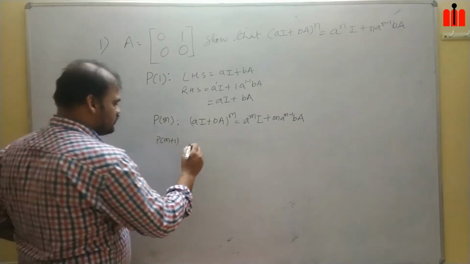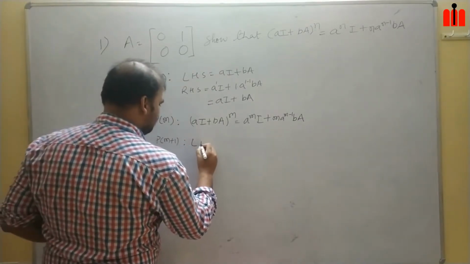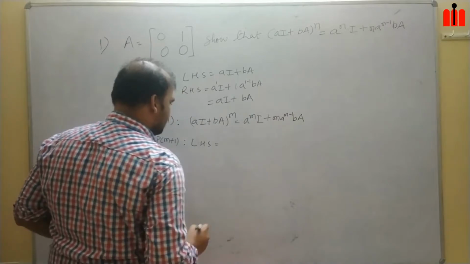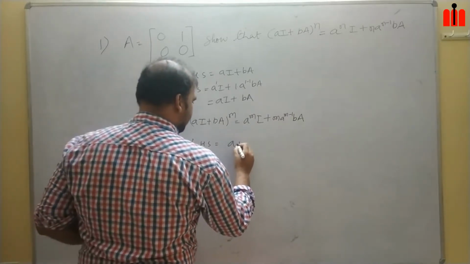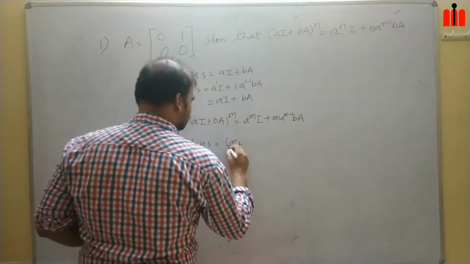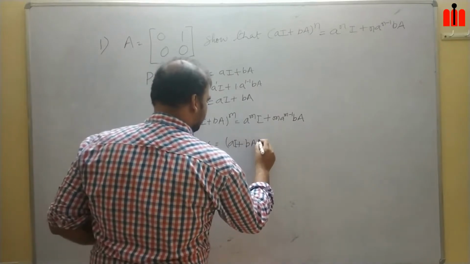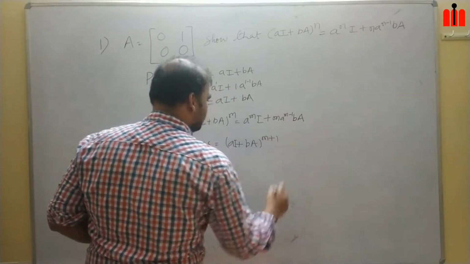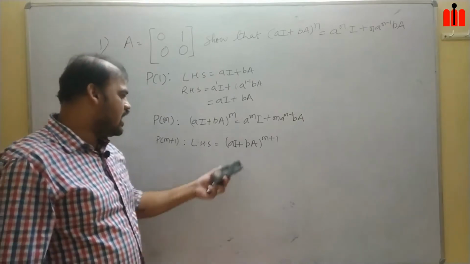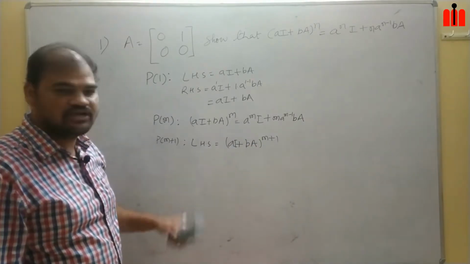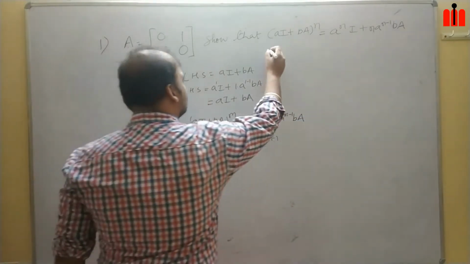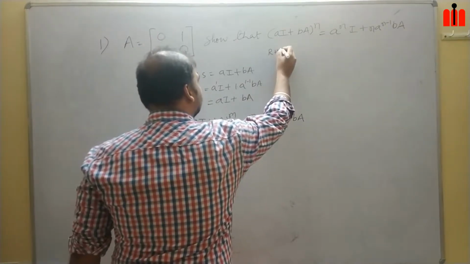For that, first what will be my LHS? My LHS will be (aI + bA)^(m+1). I have to show this LHS equals RHS. So how will my RHS look? I am writing it over here.